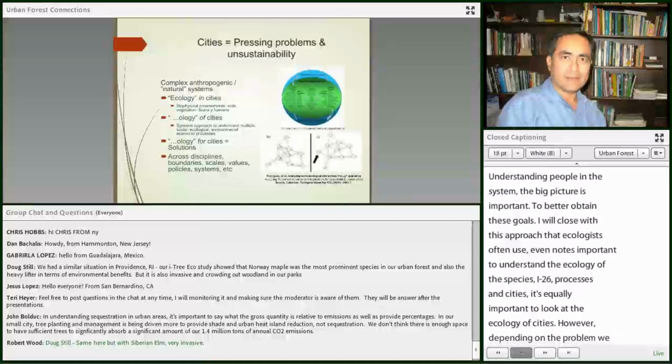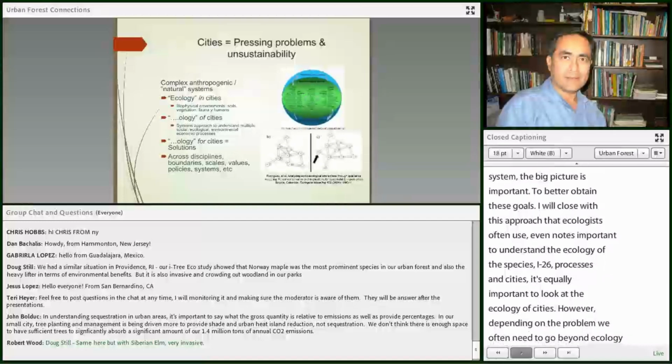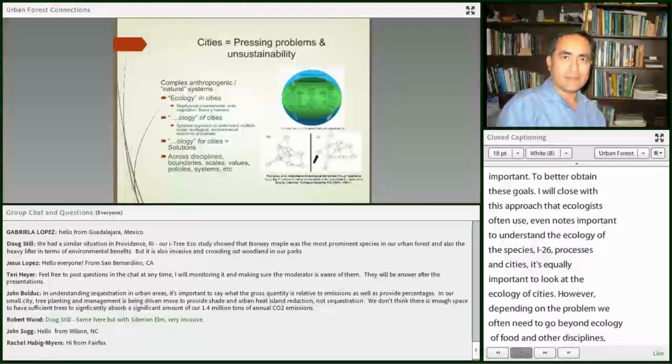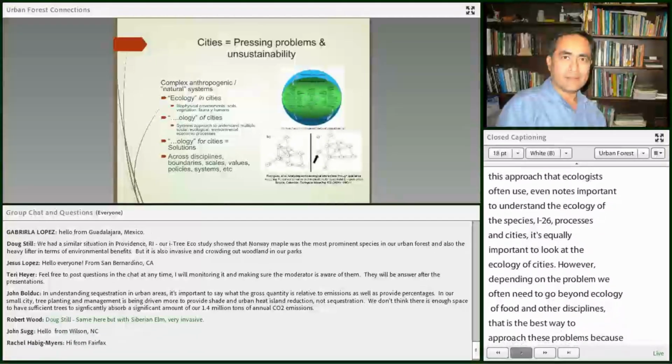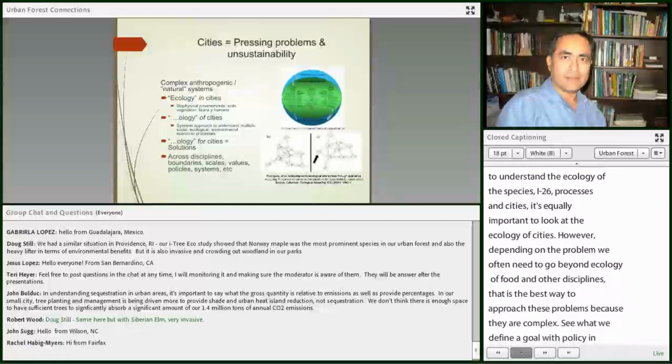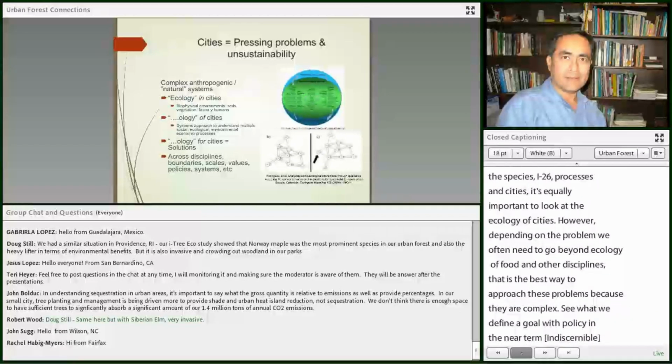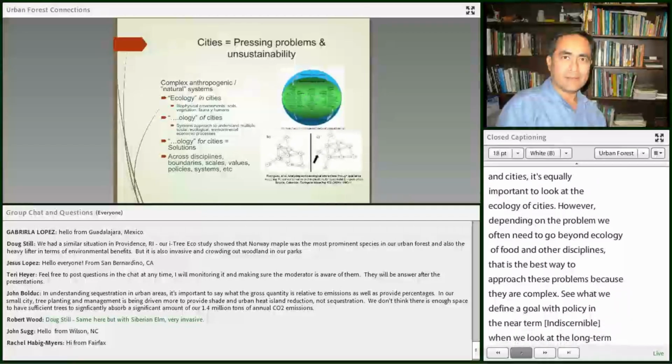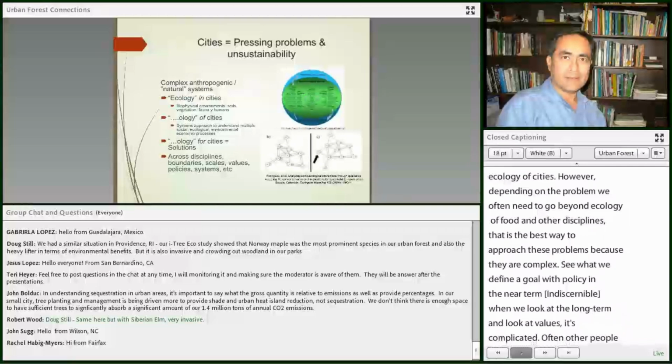And that's the best way to approach these problems, because they're complex. And as we see what we define as goals and policies in the near term in our budget cycle, when we look at the long term and look at values, it's complicated, because often other people are overlooked. People with more power, influence, have more say over some of these topics.